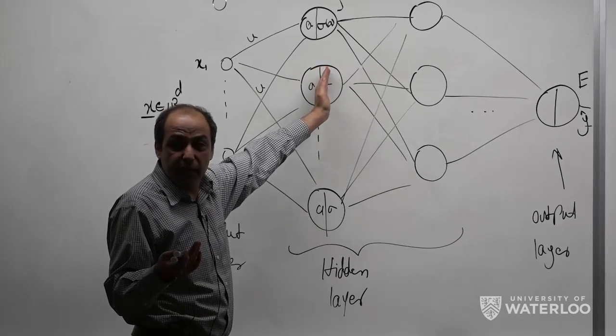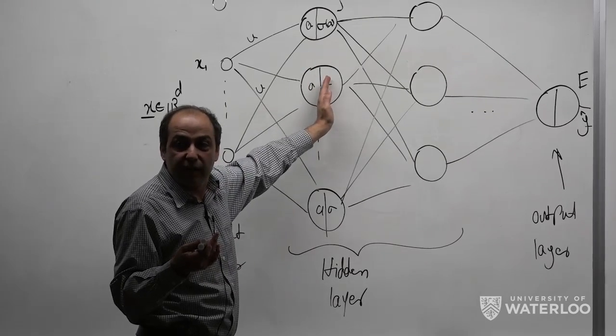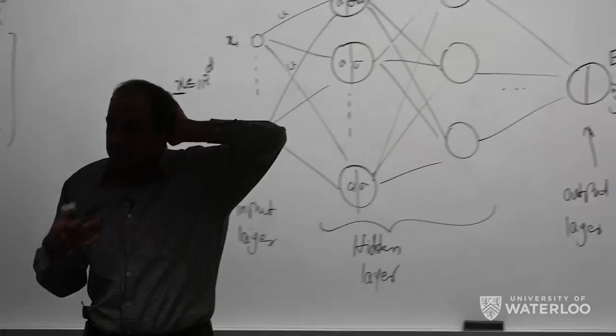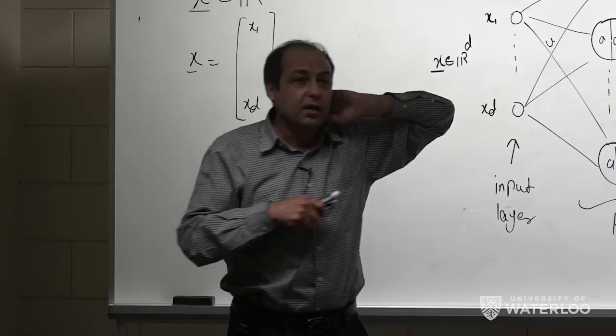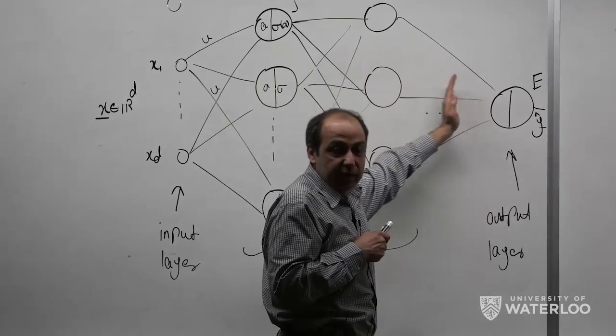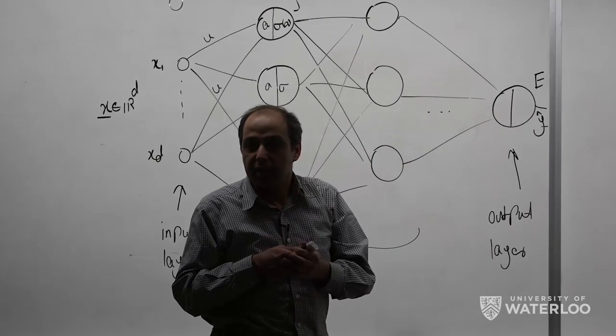But this complex model doesn't generalize well. It overfits the data. But when you add many layers, it generalizes better. It doesn't overfit. So that was our desire. We wanted to have many layers, but we were not able to train it.